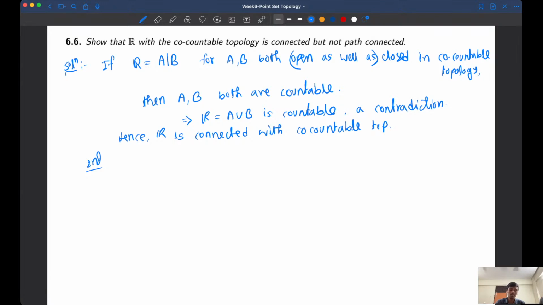Okay, so again I will do it by contradiction. Let's say A, B belong to R, two distinct points.